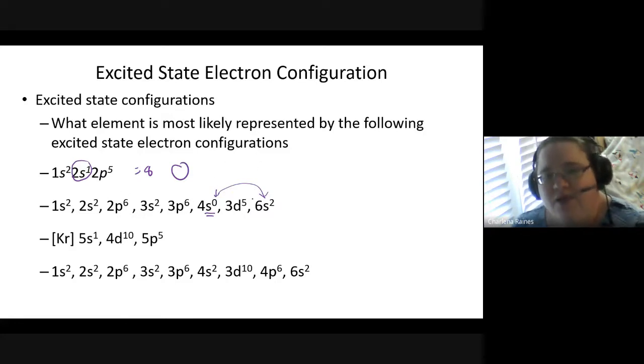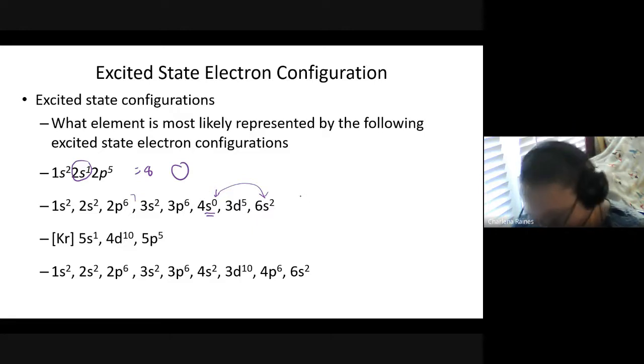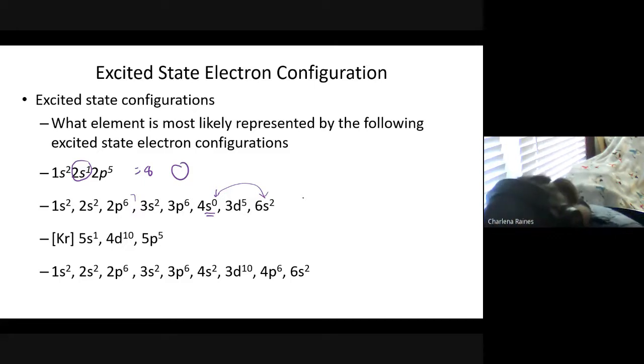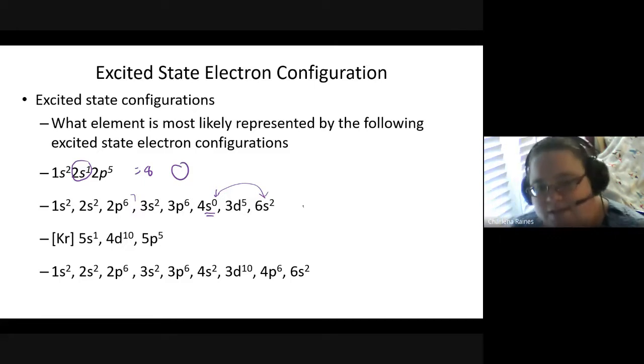Either way, we add up our exponents, and I don't have this typed, so 10, 10, 15, 25. So element number 25 is Mn, manganese. So this is the excited state configuration for manganese.